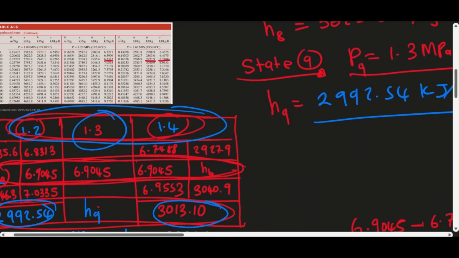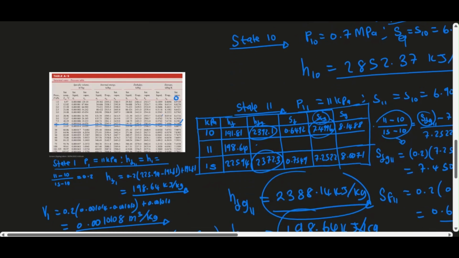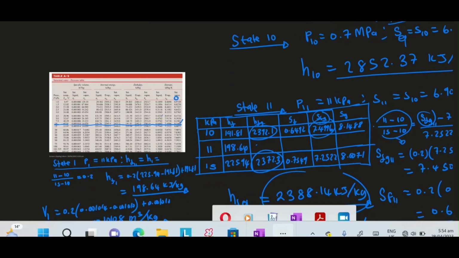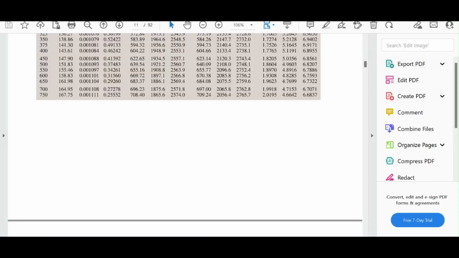At 700 kPa, we read HF. HF is 697. There it is.